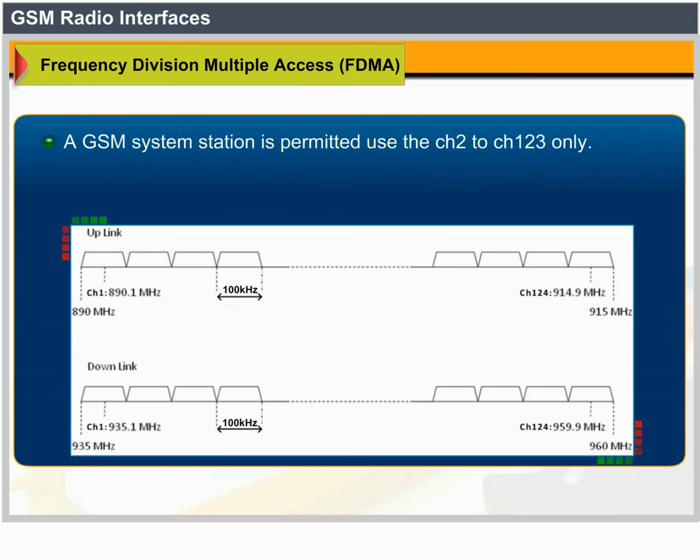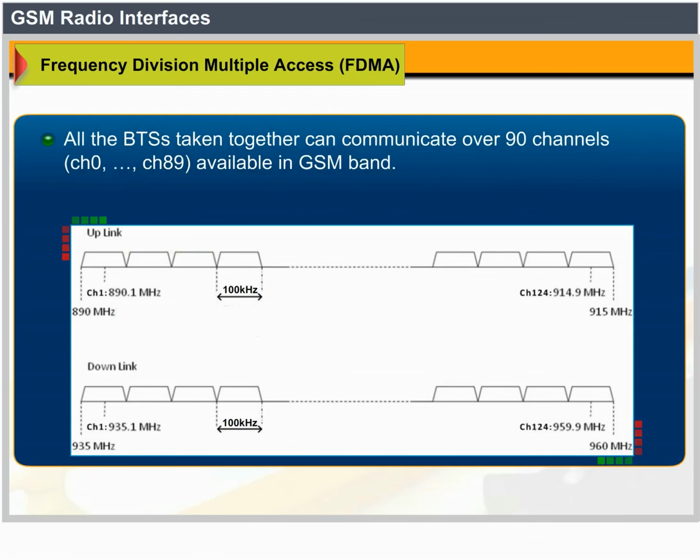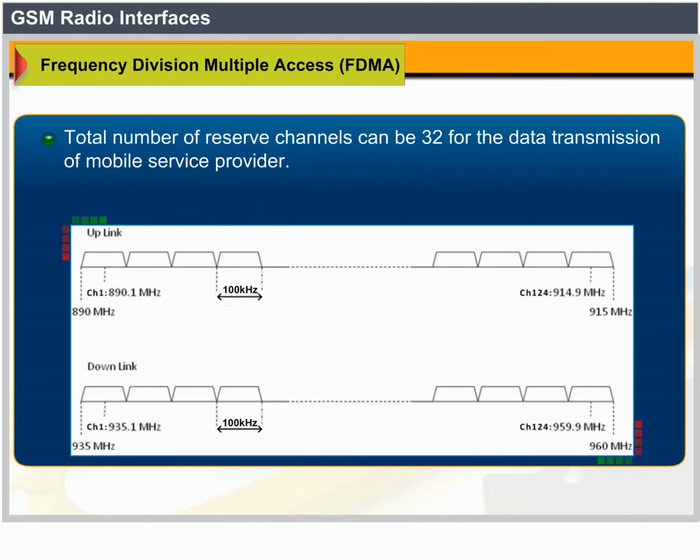A GSM system station is permitted to use CH2 to CH123 only. All the BTSs taken together can communicate over 90 channels, CH0 up to CH89, available in the GSM band. The total number of reserve channels can be 32 for the data transmission of the mobile service provider.